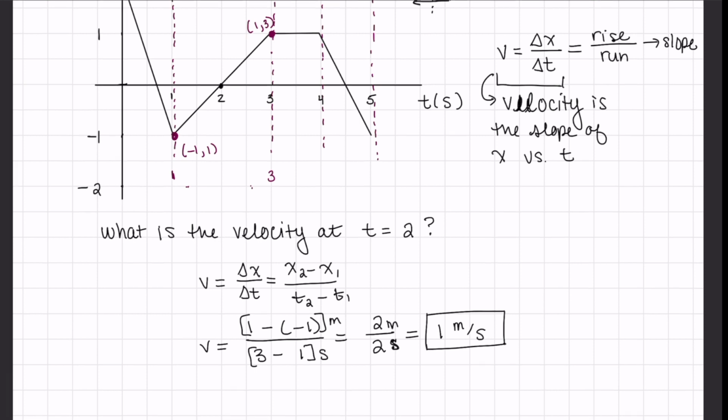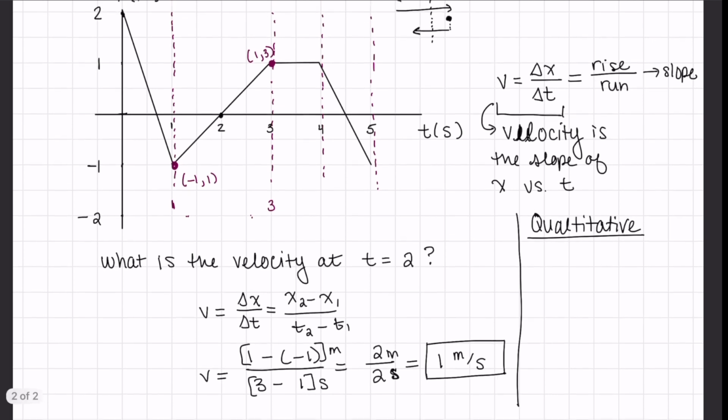Now that we've gone over some of the quantitative stuff that you could do with going from position versus t to velocity, let's talk a little bit about the qualitative stuff. So we do have this option of you being asked to solve for the velocity or the slope from the graph at a specific point in time. That would give you a numerical value.